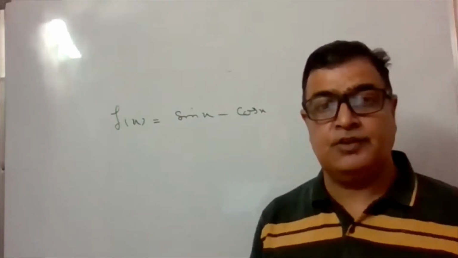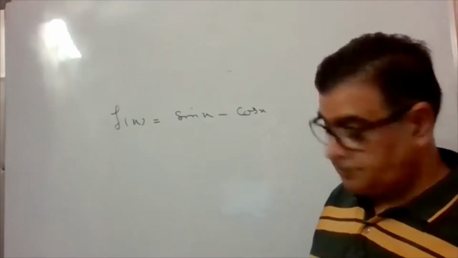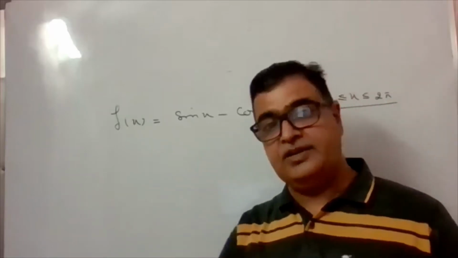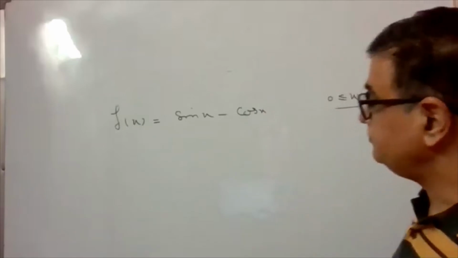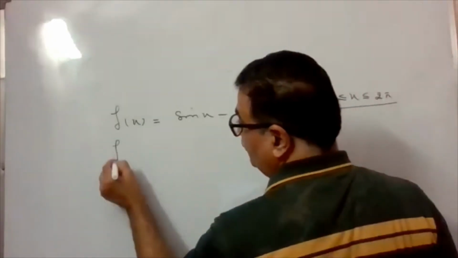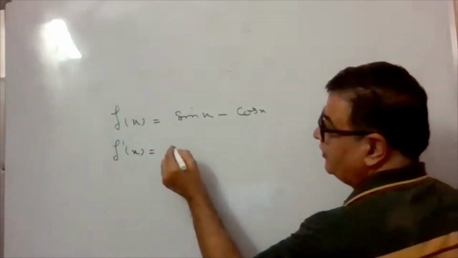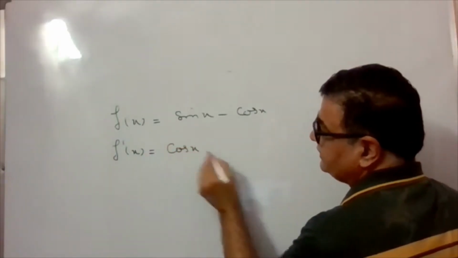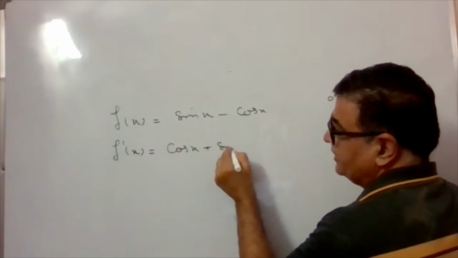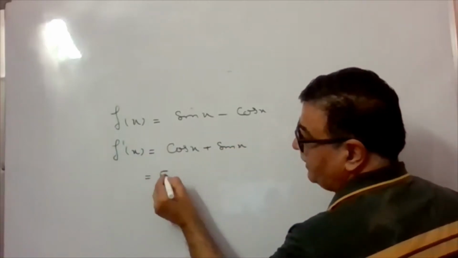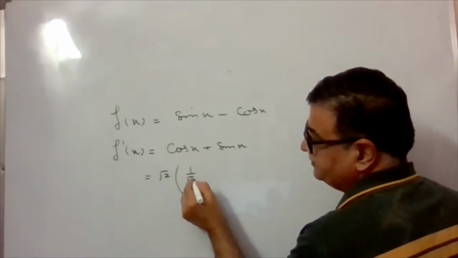Again the same procedure we should follow. First derivative, convert into a single angle and then we will proceed. So first we go for f dash x. Derivative of sin x will be what? Cos x plus sin x. Then root 2 multiply and root 2 divide.